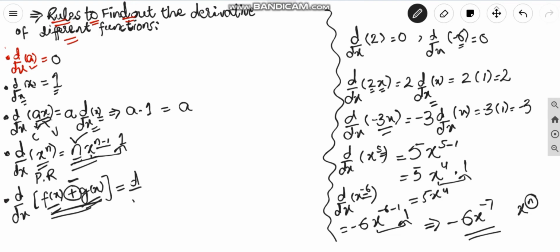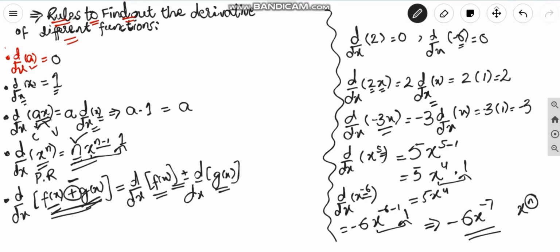By the rule, take the separate derivative of the first function and also the separate derivative of the second function. How can we take the derivative of the sum or difference of two functions? We take the separate derivative of the first function and the separate derivative of the second function.